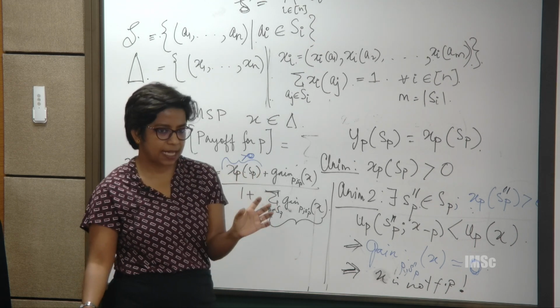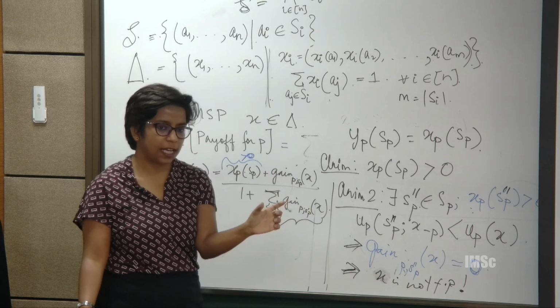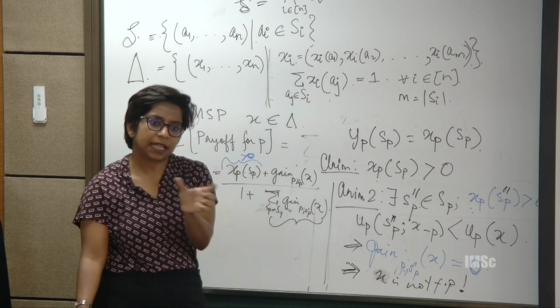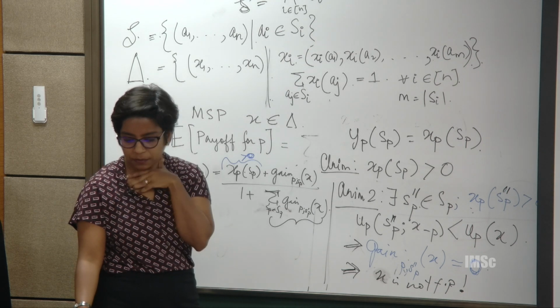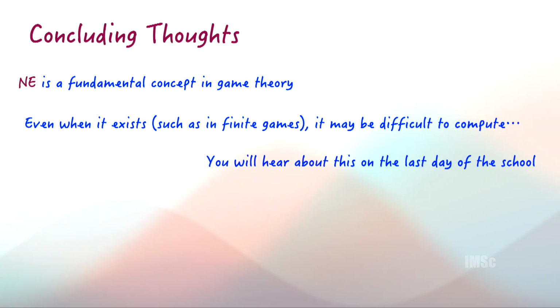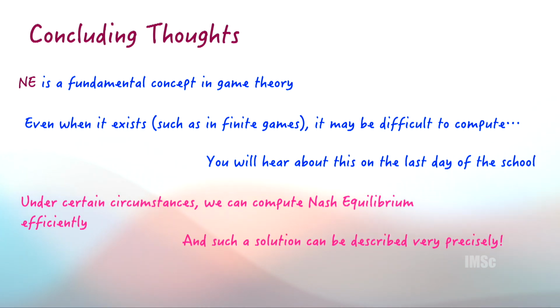Or when analyzing a game, how we find such a strategy profile which is a Nash equilibrium, that is also a separate question. Okay? So, I leave you with this: we just saw that there exists a Nash equilibrium in all finite games, and in general, while we cannot find it, under some restrictions one can, and we will see one such thing in the second part, after lunch.